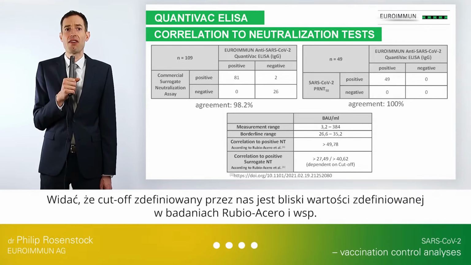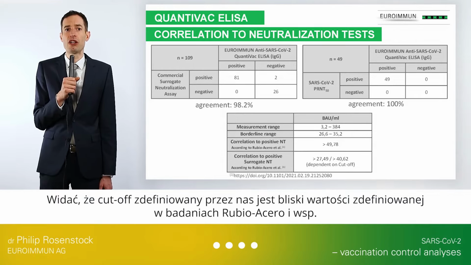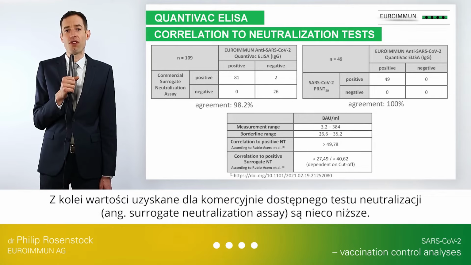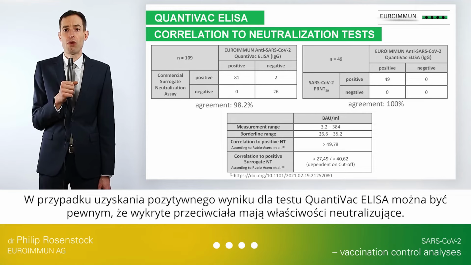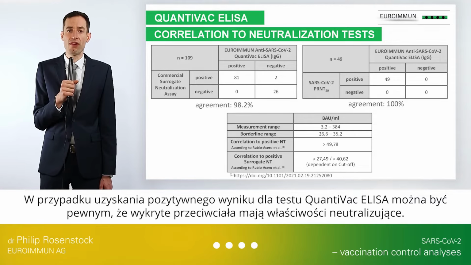And you see that the cutoff that we have defined is pretty much identical to the correlation between positive Quant-T-Cell and the neutralization titer that was found by Rubio, Azzero et al. And also the correlation to a surrogate neutralization assay shows that the cutoff was selected quite well, so that if you receive a positive result with a Quant-T-Cell ELISA, you can be pretty sure that the antibodies are neutralizing.